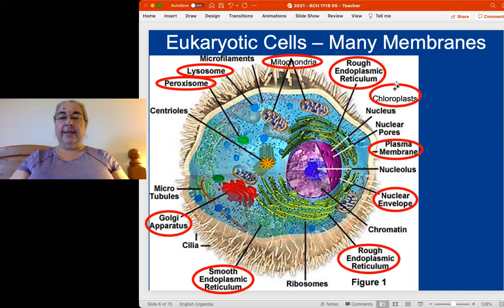If it was a plant cell, the chloroplasts would be surrounded by membrane. And if we go around, we've got the rough endoplasmic reticulum, the smooth endoplasmic reticulum, the Golgi apparatus, a peroxisome, a lysosome, mitochondria, more rough ER, all of them have membrane as an essential part of their structure.